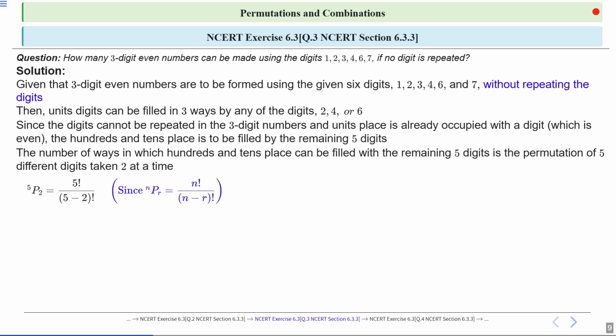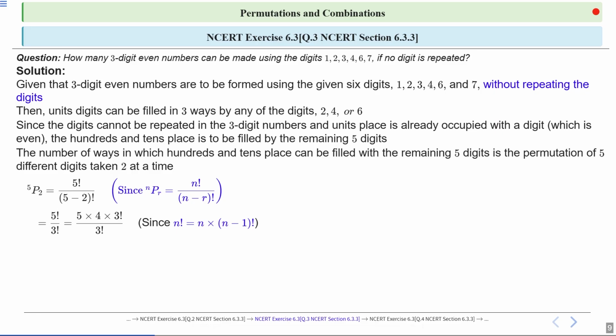The formula for permutations is nPr equal to n factorial upon n minus r factorial. Here n is 5, r is 2. So we calculate 5P2, which is equal to 5 factorial upon 5 minus 2 factorial. We know the formula n factorial is equal to n times n minus 1 factorial.